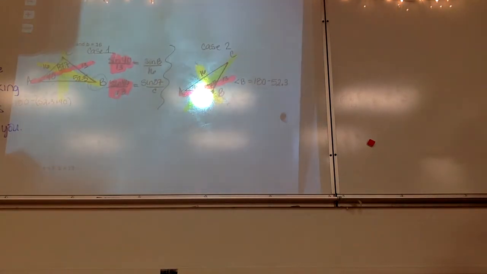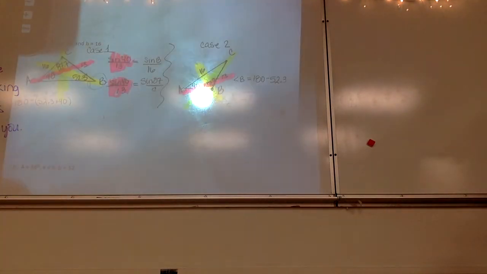I did it earlier. Okay. Oh, no. Yeah, 12.3. So if this is 12.3, use your pink set. Sine of 40 over 13 is equal to sine of what for the green? Sine of 12.3 over. Let's see.